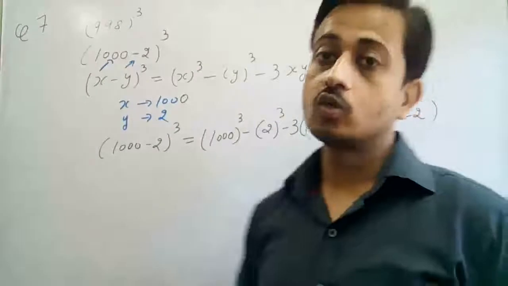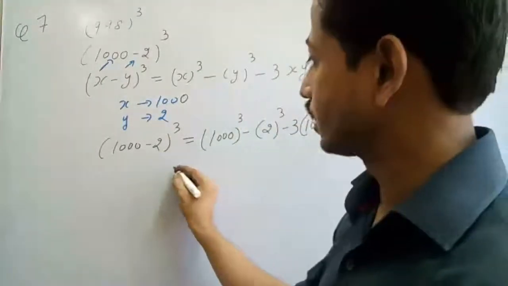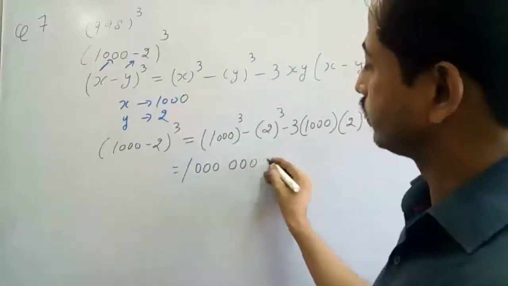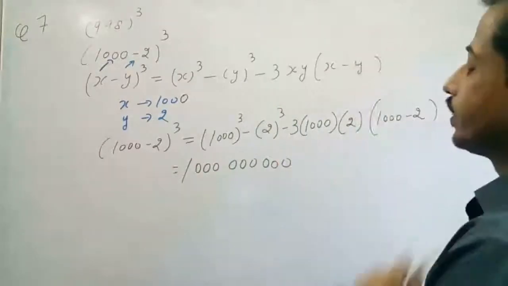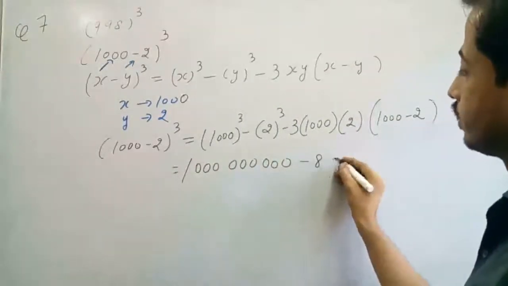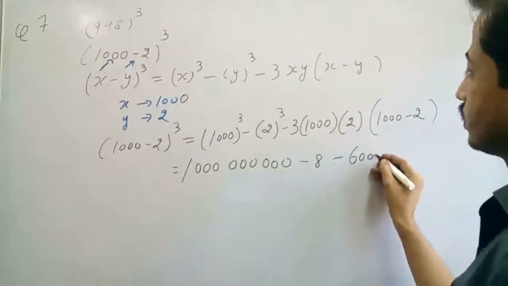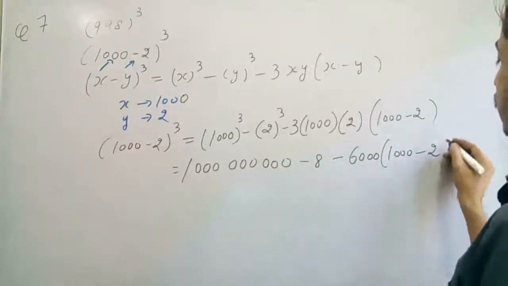Now 1000 cube is 1 followed by nine zeros. Now 2 into 2 into 2 we get 8. Now 3 into 2 is 6, and with the zeros we get 6000 into (1000 minus 2).